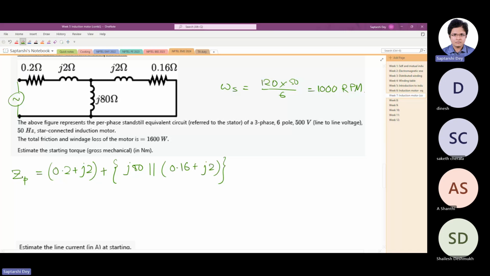So this is the per phase impedance at standstill. Now, if you simplify this, you will get 0.35 real part plus J3.95 ohm.